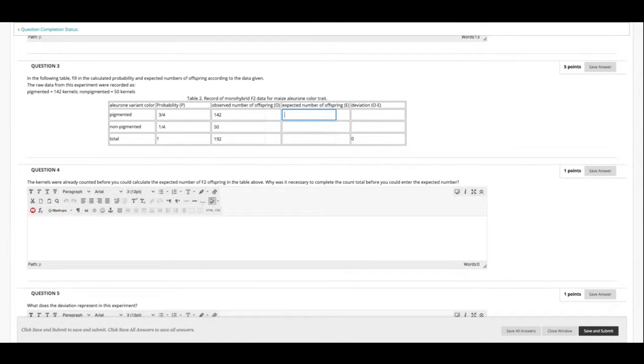So expected is probability times total number, right? If I remember correctly. So if you multiply it, you get 106.5.